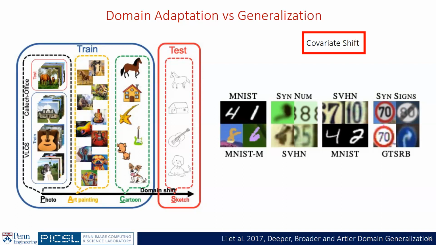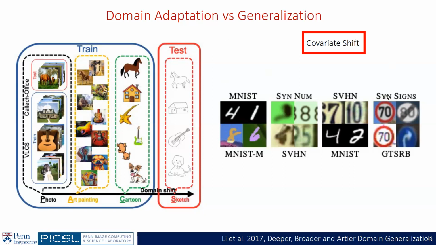So for example, a method developed for CT images might not work for MRI images, or a method trained on Siemens images might not work on images obtained from a GE machine, right? So this is called domain adaptation, where we are trying to solve this problem of adapting from a set of domains to the domain at test time.